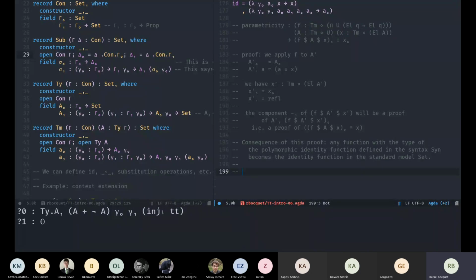Then if I have f, a term in the syntax of this type, we can interpret f in, and so what happens is that we have, but what should be the names of these?